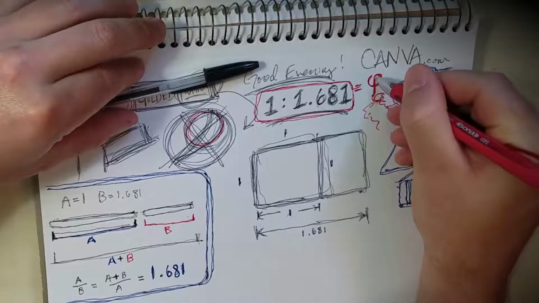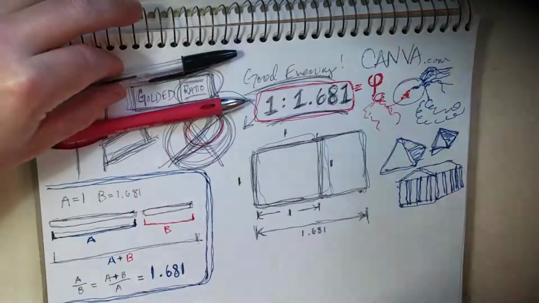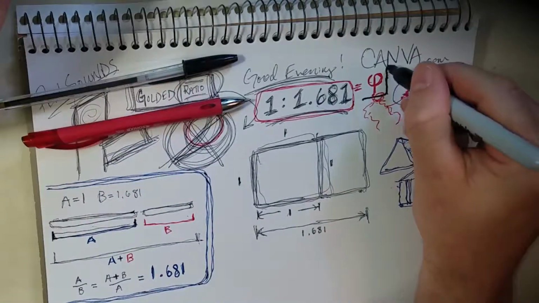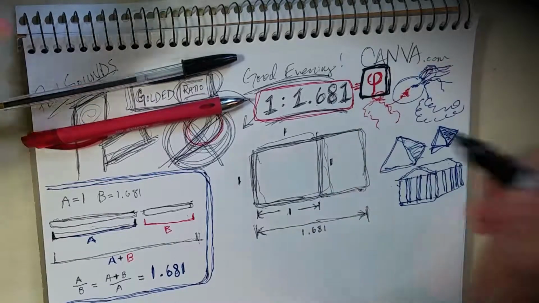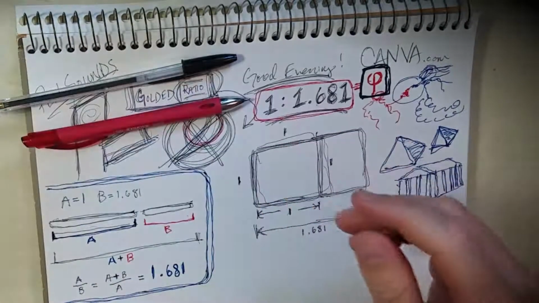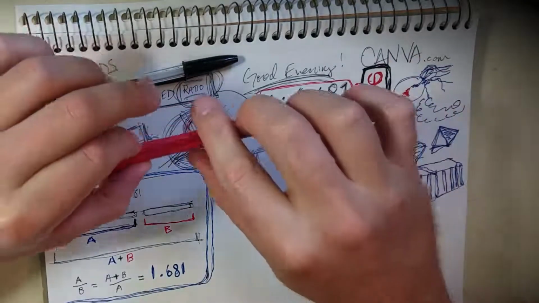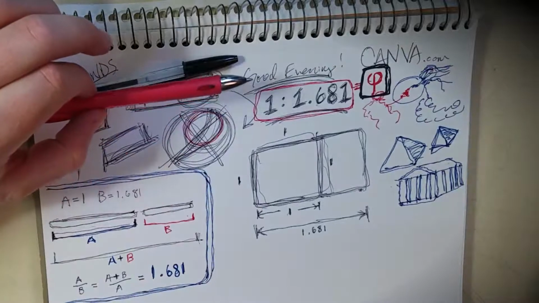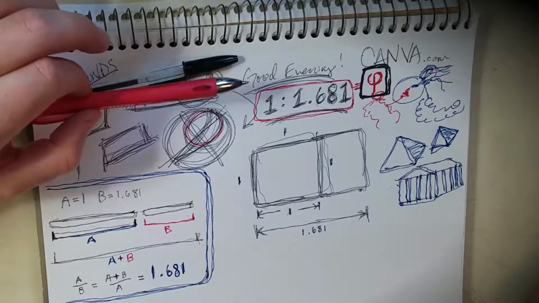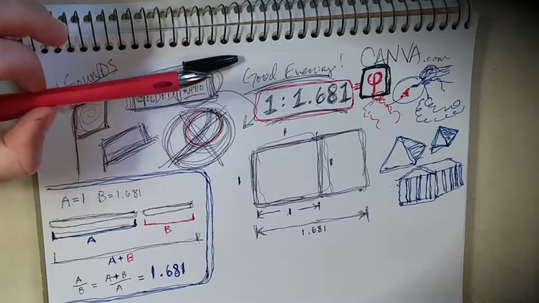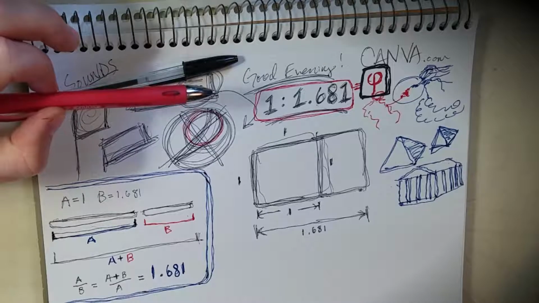Let's have it come out of Adam here. And so that is phi. Let's see. So face. So it's a natural harmony that we recognize, and for some reason we are drawn to it.